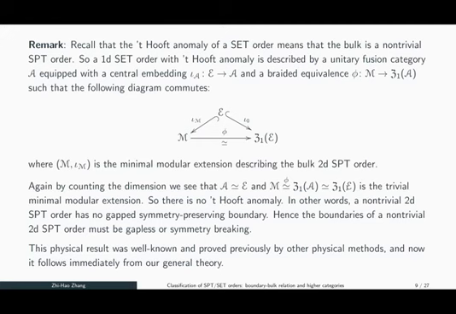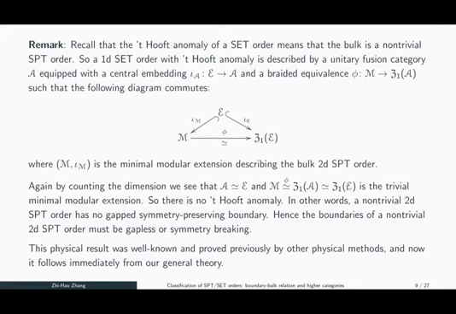Okay, so I want to make sure of this fact. You can view any SET or SPT as a topological order, right? After gauging the symmetry. But A is simultaneously your SET and the topological order when you forget this symmetry, so that you can compute the center of A, right?